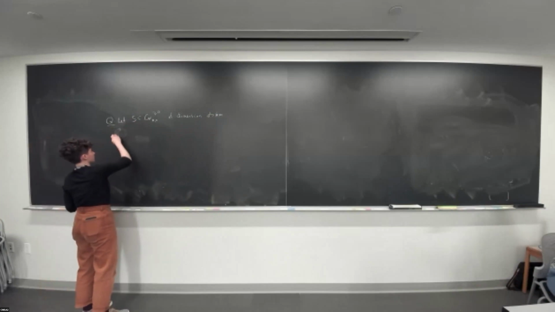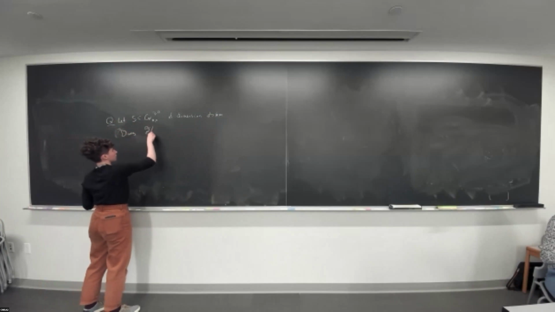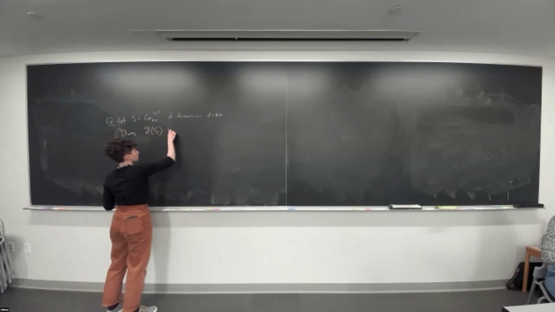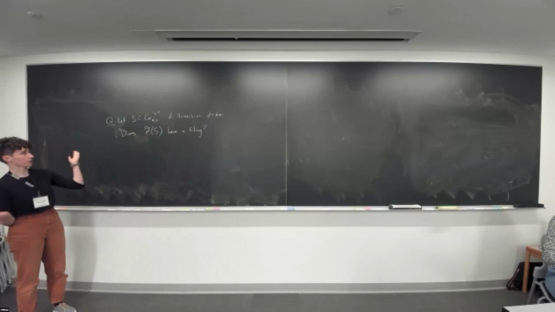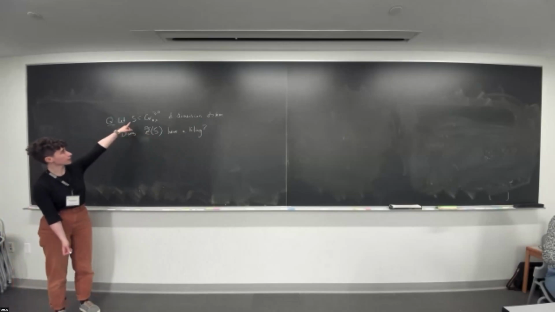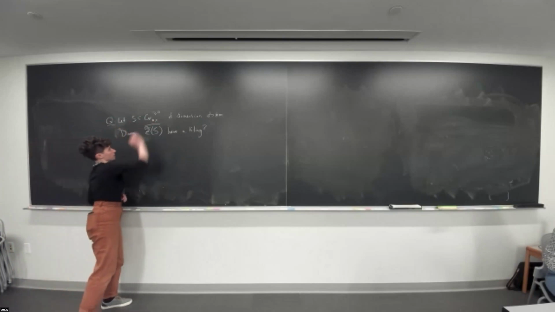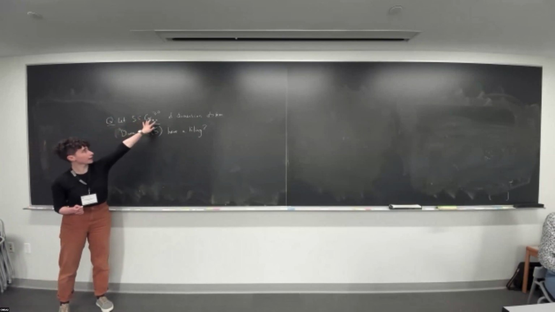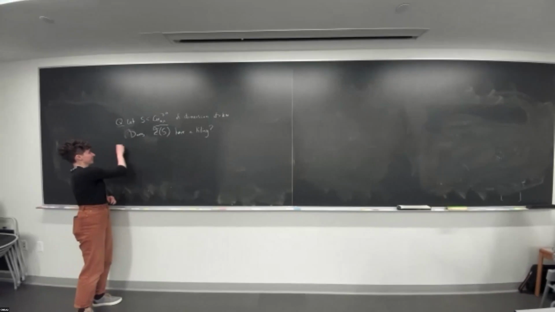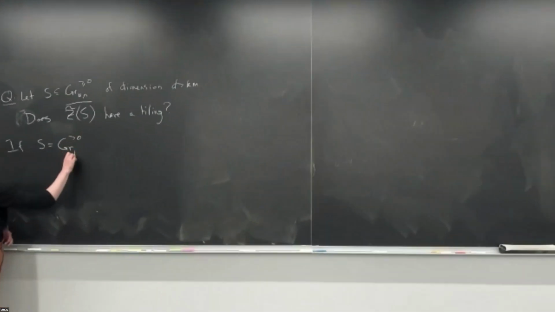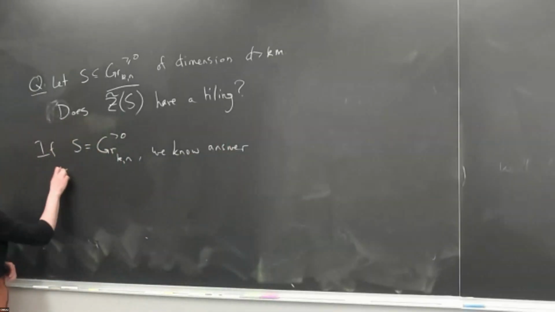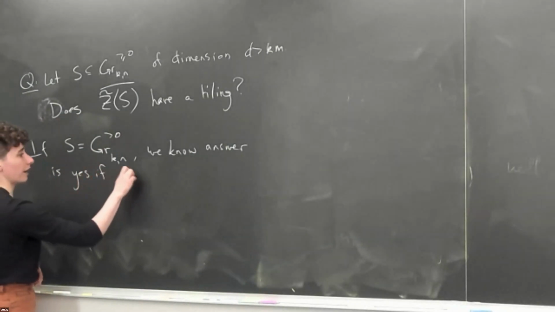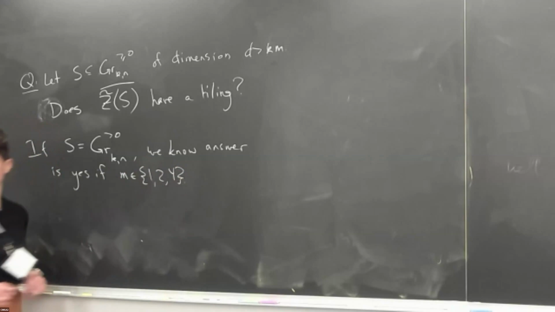We have the image of this cell. Of course, if I choose my cell to be the entire totally non-negative Grassmannian, the top cell, which is our Kn, we know the answer is yes if m is 1, 2, or 4.